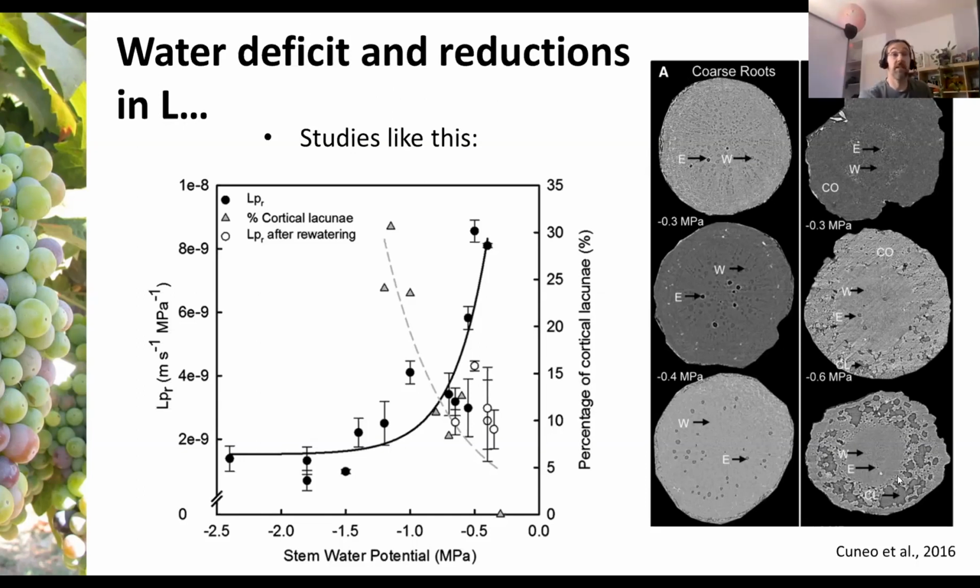What Andrew's lab did is they quantified the dynamic of that in relationship to the drops in root hydraulic conductivity. So on this axis, we have the increase in the percent of those gaps. Those are the triangles. The black dots are the decrease in the root hydraulic conductivity.